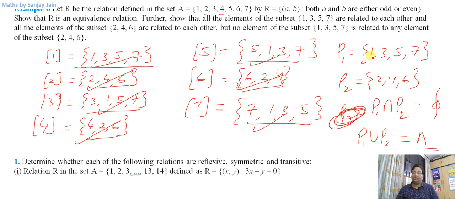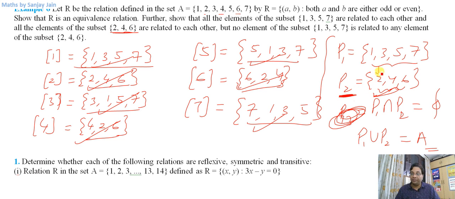So yes, no element of this set is related to any element of this set, and vice versa, right? What else did we want to show? That all the elements of this set are related with each other. So obviously yes, because we talked about in the end of our introduction, if you want to find the relation using these partitions, you need the Cartesian product of this set with itself.